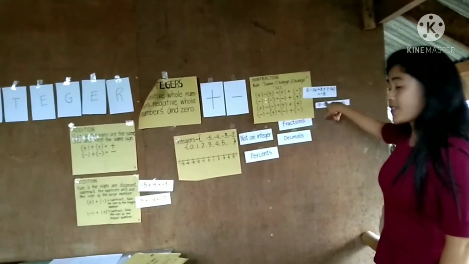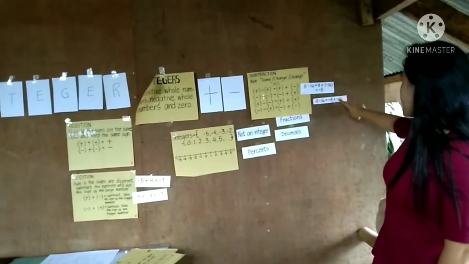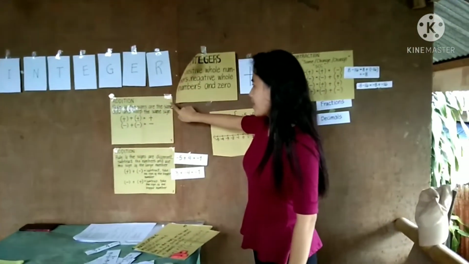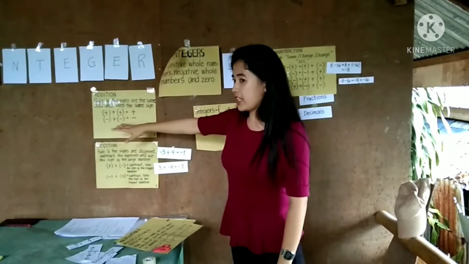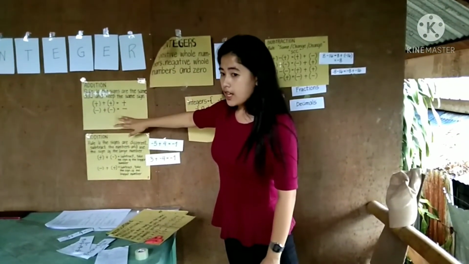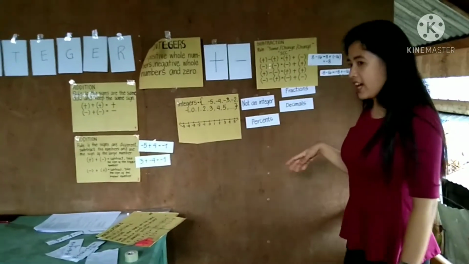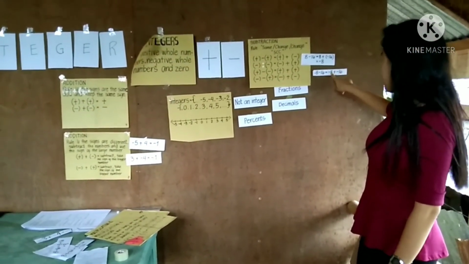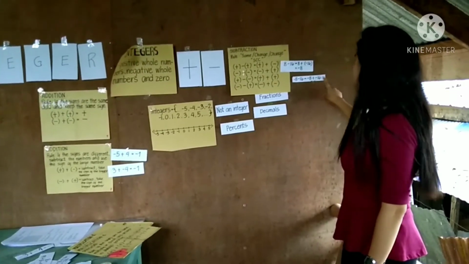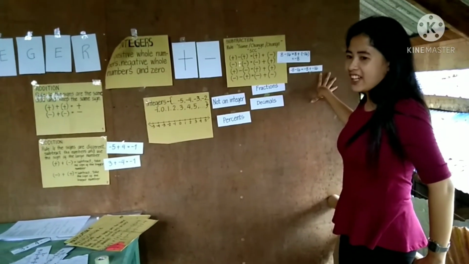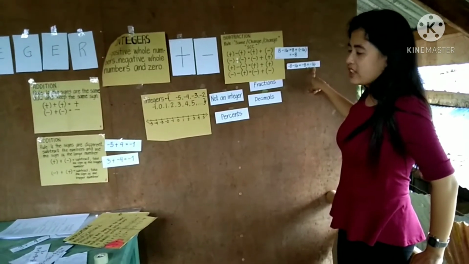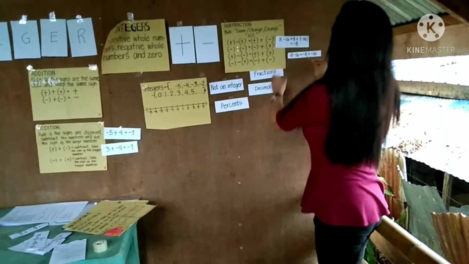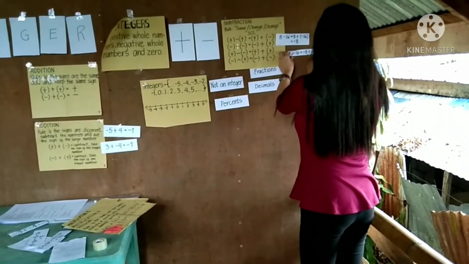So, si 16, mahimo siyang negative 16. So, in the rule sa addition, if naa sila same sign, i-add nimo and i-copy nimo ang sign nga naa sa first and second. So, negative 8 plus 16, 24. Unsay the same sign? Negative. So, the answer is negative 24. Very good.